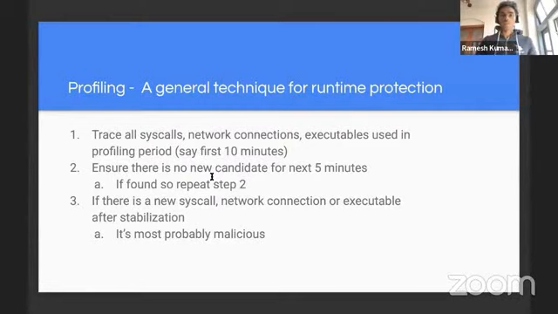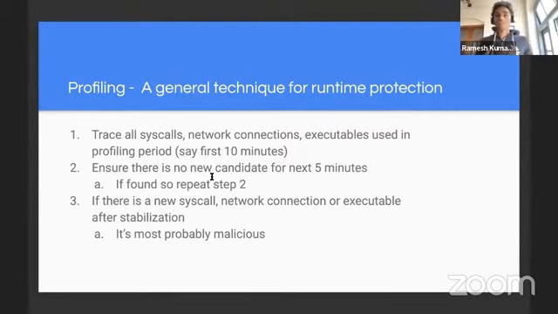Now, let's say after 10 plus 15 minutes we have seen that no more than 3 executables have been used. But suddenly after, let's say, half an hour, we see that a new executable came into the picture, and the syscalls for this executable are something we have never seen. In that case, it is most probably malicious. That's where the breach is going to happen, and that's where we need to prevent it.